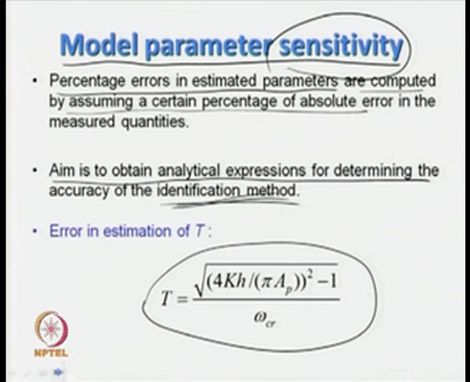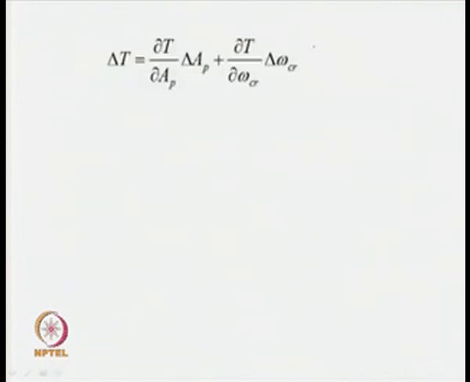So, this is how you get the expression for the time constant T. Okay. So, I have got the simplest expression for the time constant given by T is equal to root of 4 k h upon pi a p whole square minus 1 upon omega c r. Now, to find the sensitivity of T, what I have to do? I can make use of this analytical expression. The change in time constant delta T can be given in terms of the partial differentiation of T with respect to the variables.